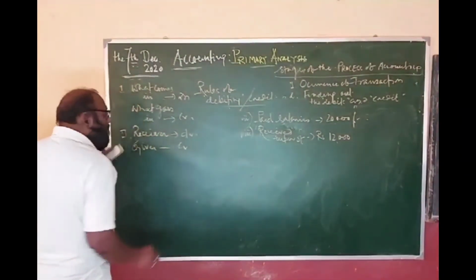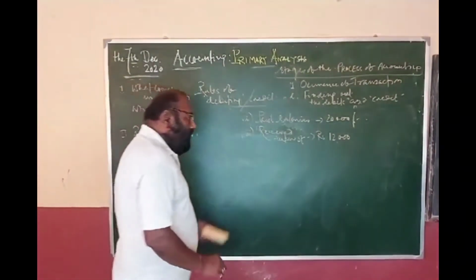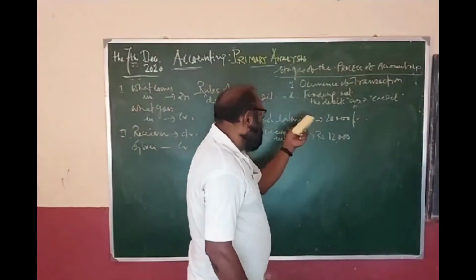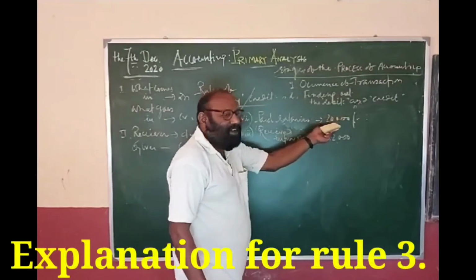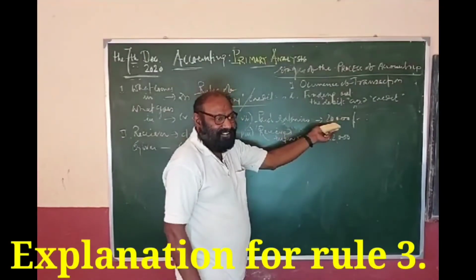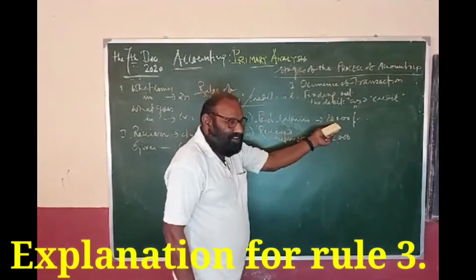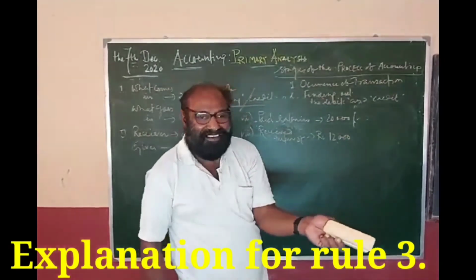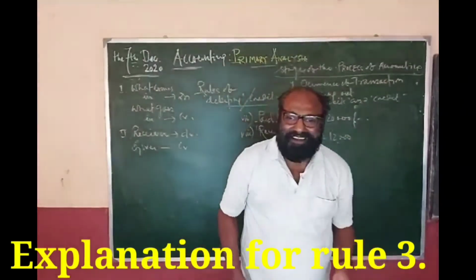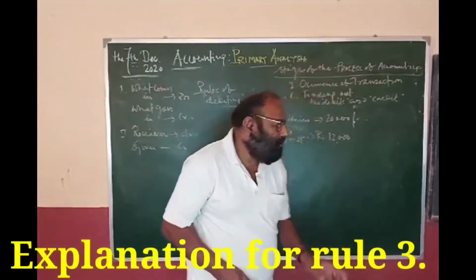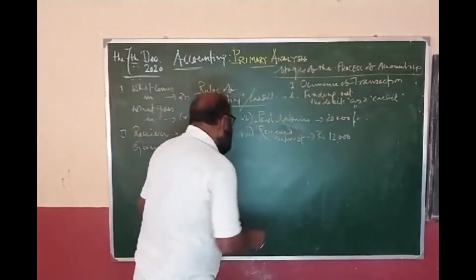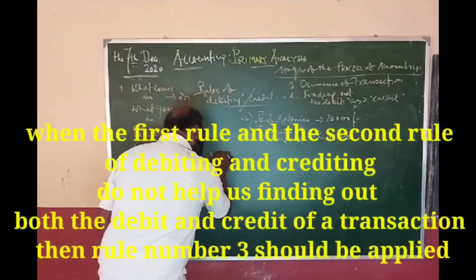Giver, credit. Now find out what is debit, what will be credit. Paid salaries rupees 20,000. What comes in? Nothing is coming in. What goes out? Very good. Cash is going out.